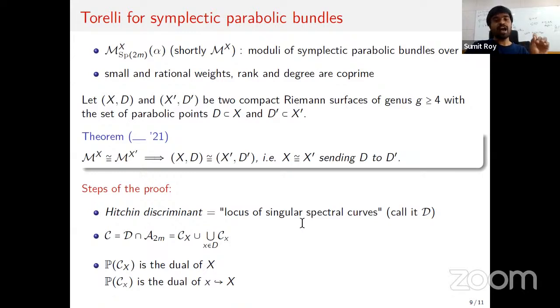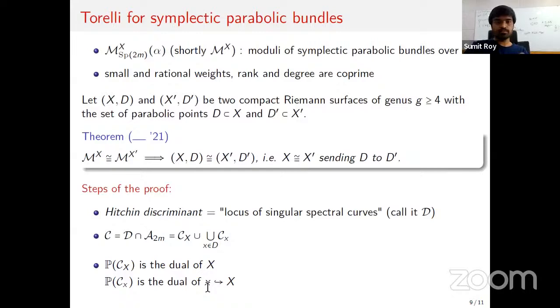If we have a moduli space, then we have the Hitchin discriminant, a unique locus, and from there we can recover the curve X and all those parabolic points. This is the main idea of the proof.